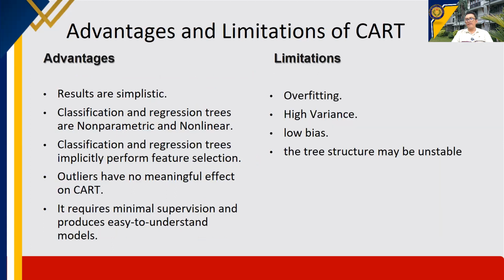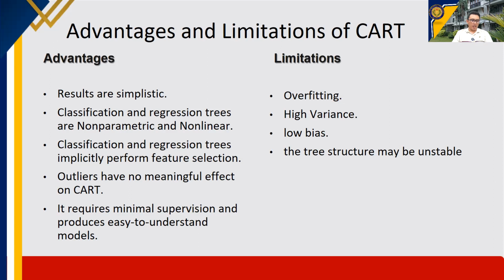Okay, so what are the advantages and limitations of the CART algorithm? Let's talk about the advantages. The advantages of using CART are as follows. The results are simplistic, meaning it's very simple, readable, and very easy to follow, unlike other models such as random forest, among others.